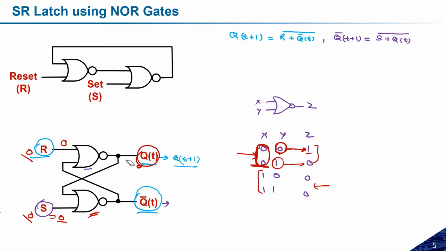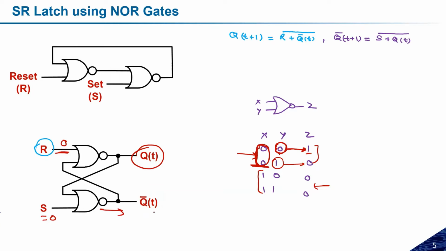Let me see it here. Considering R equal to 0, and initially let us consider the output of the first NOR gate is Q(t). With S equal to 0, the output after the second NOR gate will be complementary to this one.